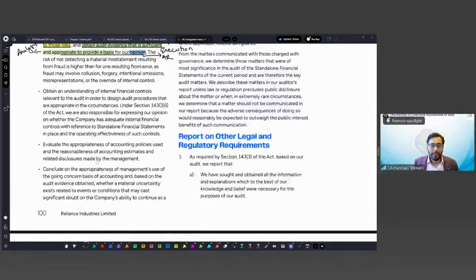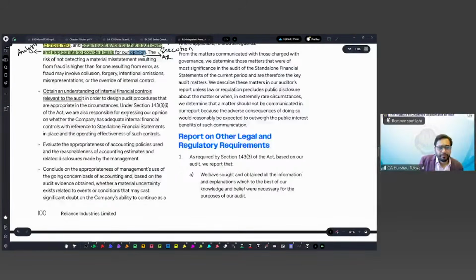Okay, then obtain understanding of internal financial controls. Next point, if you see, obtain understanding of internal financial controls relevant to the audit. That will again be part of which SA, under which SA you will do this? This is 220, sir. 220. Sorry, 200. 265. 265.